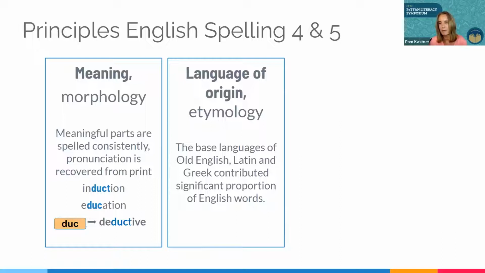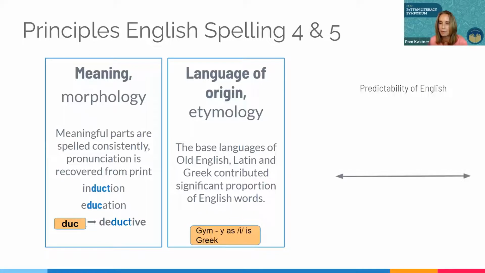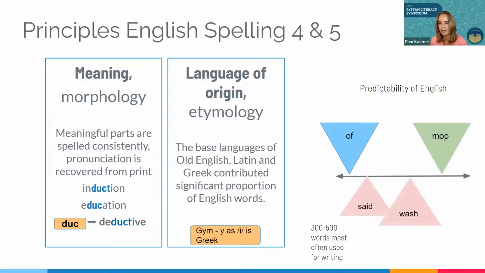So when we think about our language, really only 4% of our words are true spelling oddities. We don't necessarily put them into binary piles, regular and irregular. They're really on a continuum. And so, for example, words like mop, very regular and how we would expect it to be spelled. And then less predictable would be a word like of, right? So just on this predictability, as you can kind of see that scale.